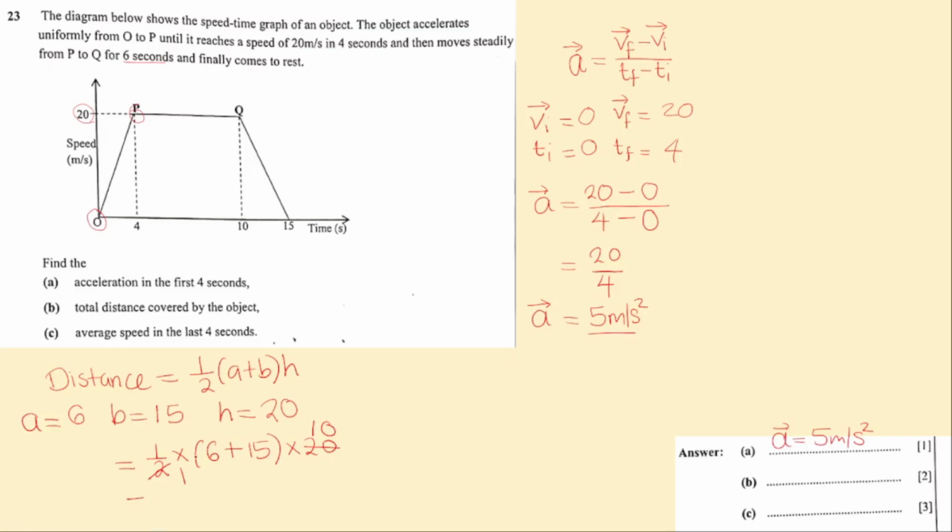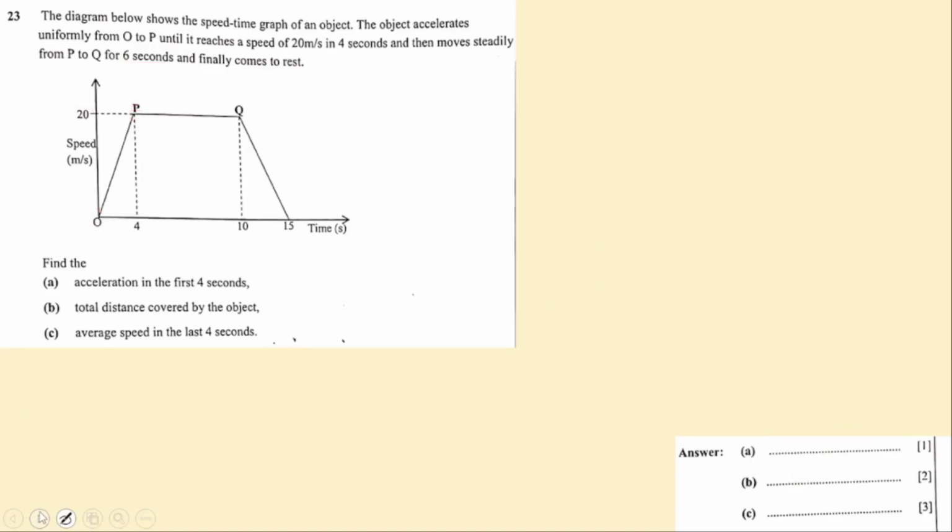So we have 1 multiplied by 21 multiplied by 10. This gives me a total distance of 210 meters. I will be answering question 23C on the next slide.